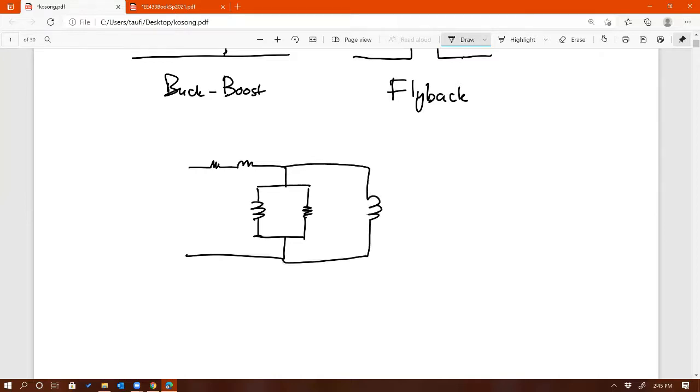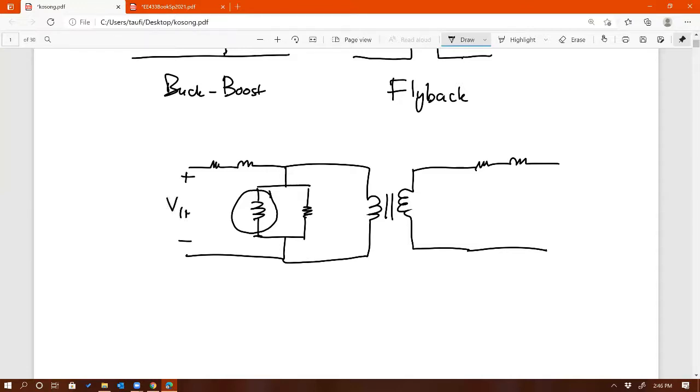For the flyback converter, we use this magnetizing inductance to derive the transfer function, because it is the energy storage component. The magnetizing inductance is in parallel with the input, so that's the inductor that stores the energy for this transformer.